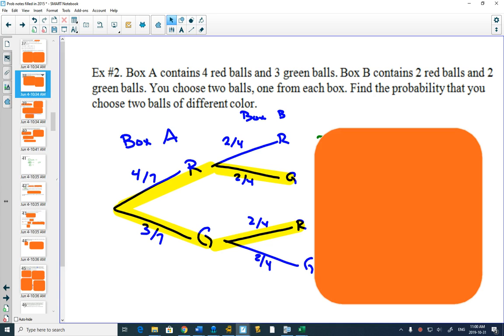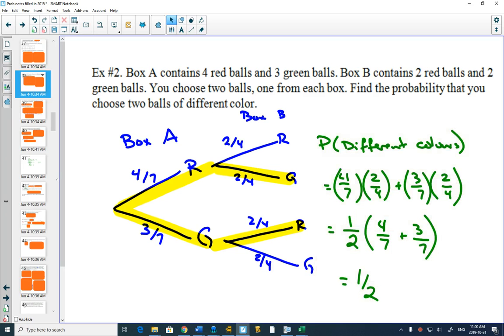And then on that tree diagram, I've highlighted that there are two cases. So choose out of box A, choose out of box B. You could either get red and green or green and red. So the probability of getting different colors.